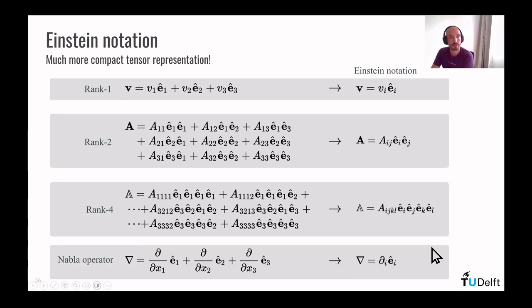We also have the Nabla operator. The Nabla operator can also be represented by Einstein notation. So the Nabla operator is given like this. Using Einstein notation, we can write it like this. So we can see the partial derivative with respect to x1 in the direction e hat 1, 2, 2, 3, 3, i.